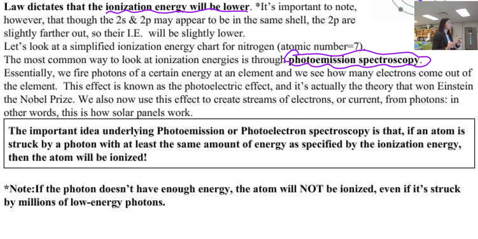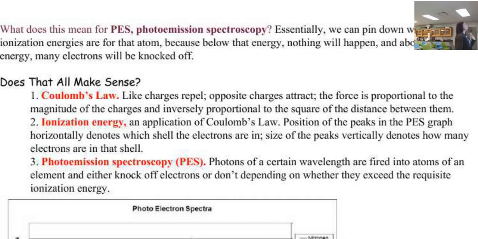But this is also important. If the photon doesn't have enough energy, the atom will not be ionized. So even if it's struck by a whole bunch of low energy photons, it does not matter. You need that ionization energy, that minimum amount. Once you do that, then you can ionize the atom, okay?